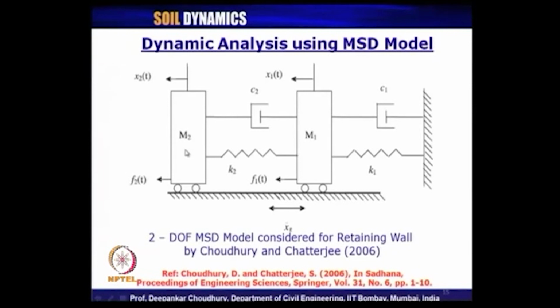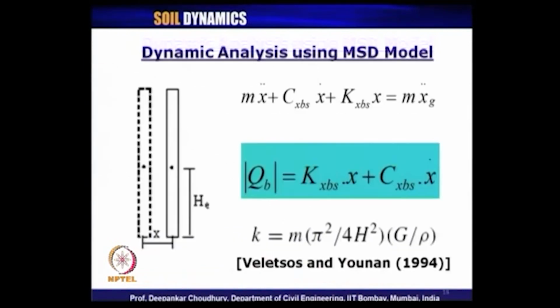What about the other parameters? How to compute K2, C2, these parameters? Let us go back to the expression of this K. K is given by this M times pi square by 4h square times G by rho. M of the corresponding material for which we are calculating, suppose K of wall we want to compute.